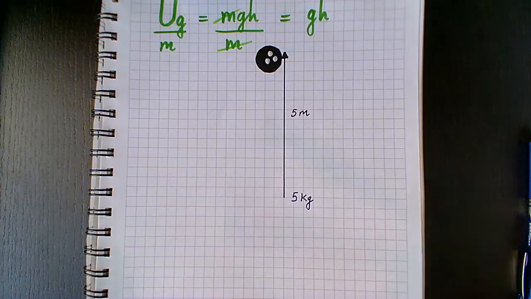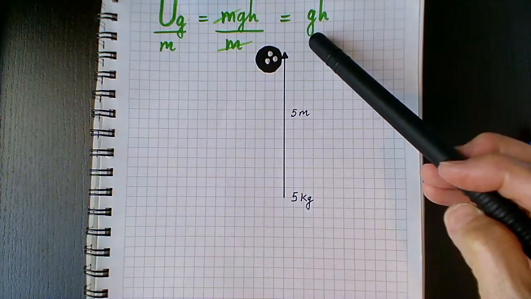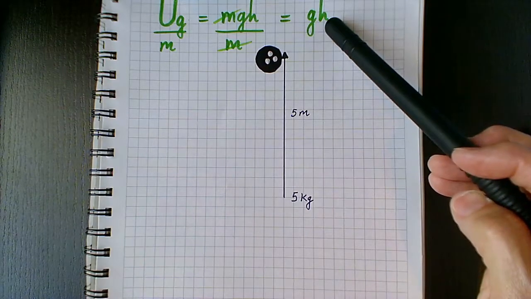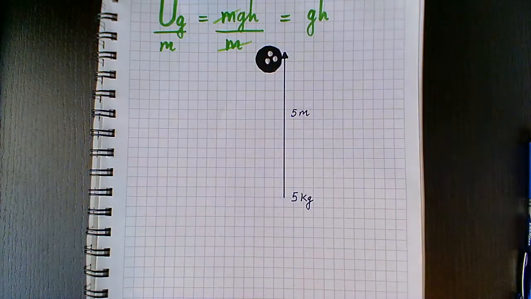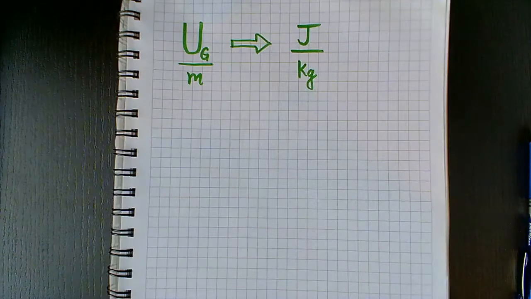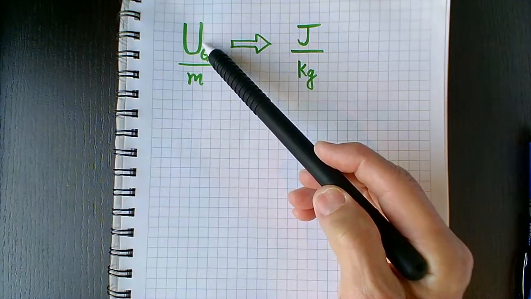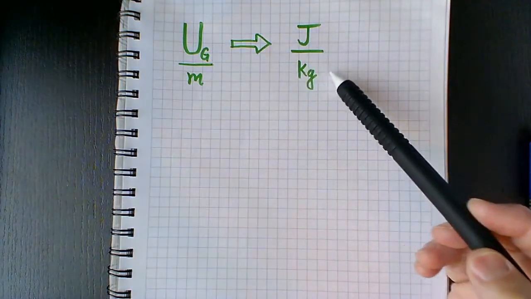So just little g, acceleration due to gravity, times height, gives us this idea of gravitational potential, or mass potential, you might think of it. The units of mass potential are joules per kilogram. So potential energy is in joules and mass, of course, is in kilograms.